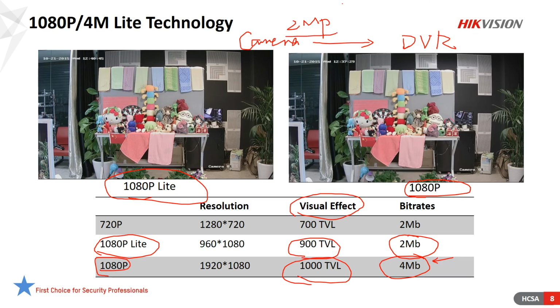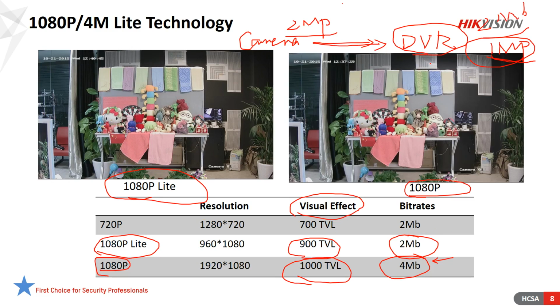So let's take 2 megapixel for example. The camera is going to transmit 2 megapixel to the DVR, and some kinds of DVR are going to only decode 1 megapixel. Means the DVR is going to receive only 1 megapixel resolution. So the 2 megapixel goes there and will be 1 megapixel, and the bit rate will also be only 2 megabits.